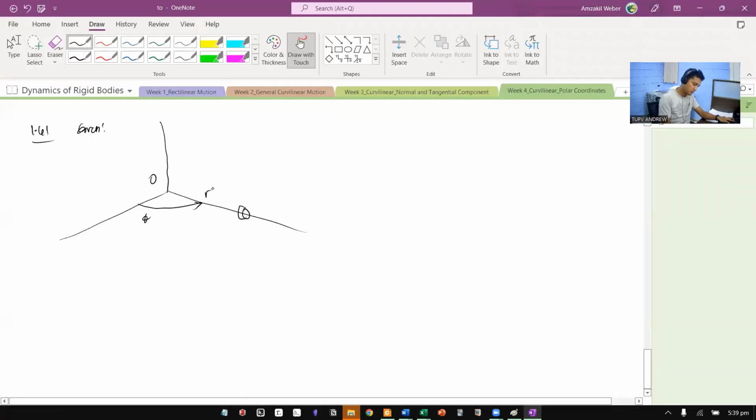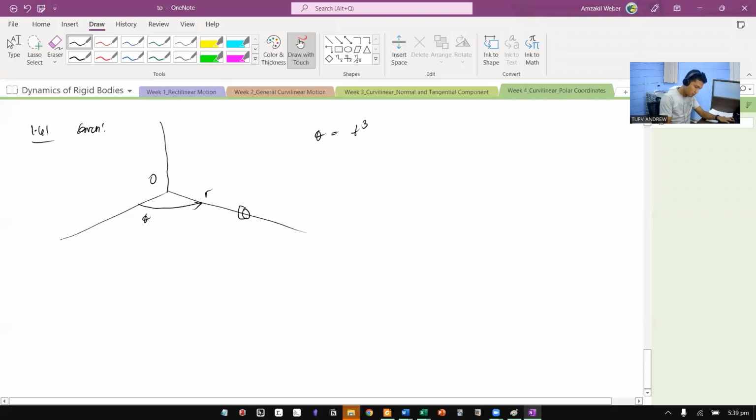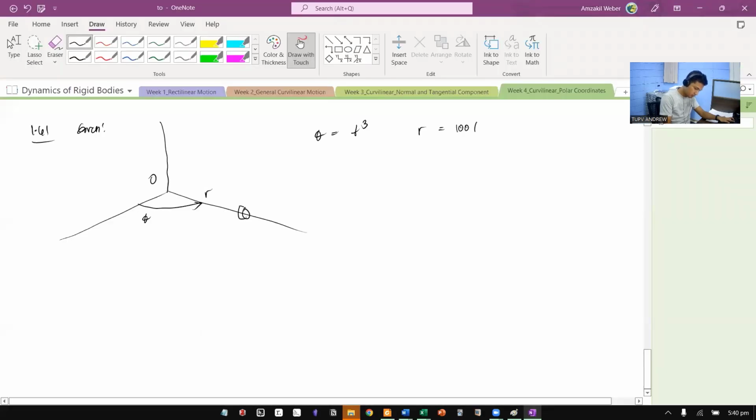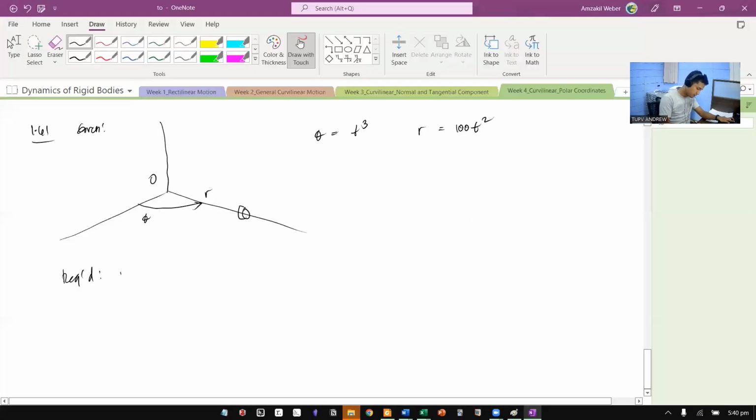According to the given, theta is t cubed, while R is 100 t squared. We need the velocity at 1 second and the acceleration at 1 second.